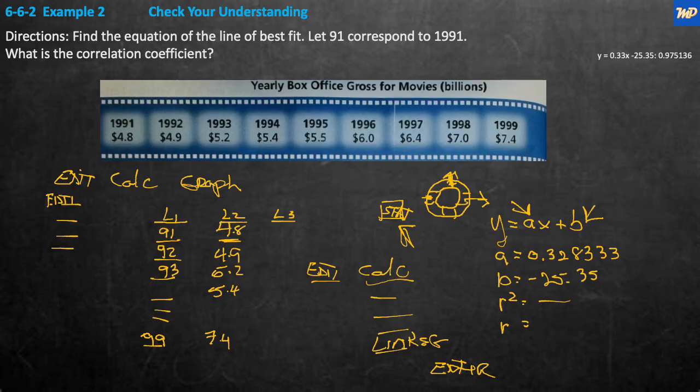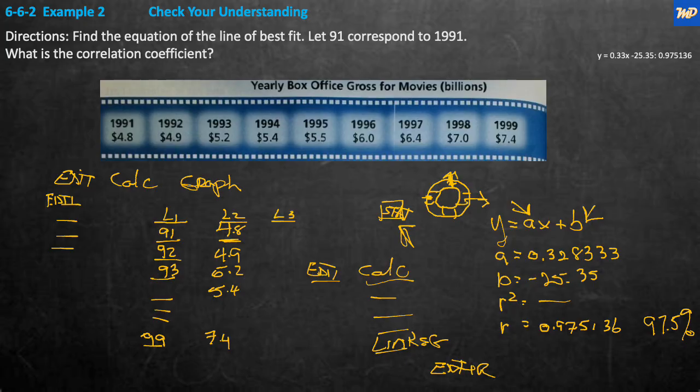In this case, it's going to be 0.975136, and in percentage, it's going to be 97.50, so it'll be 97.5%. Okay, you with me? So there's everything you need to know. They want to know a line of best fit and the coefficient, so I've given you the coefficient.